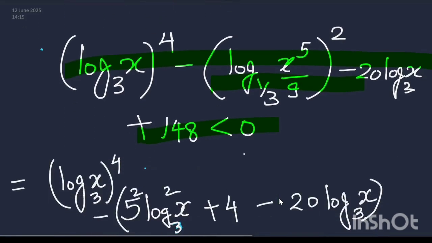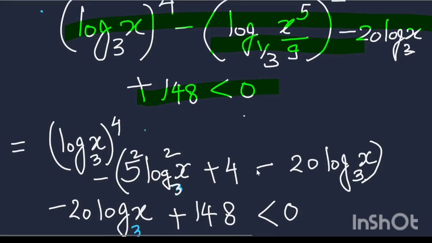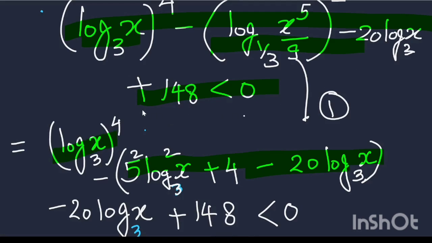So substituting the second term, log x^5 upon 9 base 1 by 3, as this from the first result. The rest of the terms, the first term and the last term 148, are as it is. The third term and the fourth term, minus 20 log x, are also as it is.